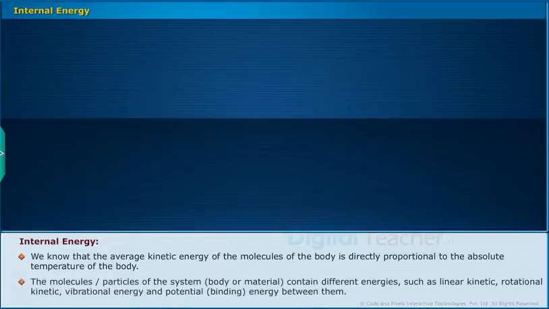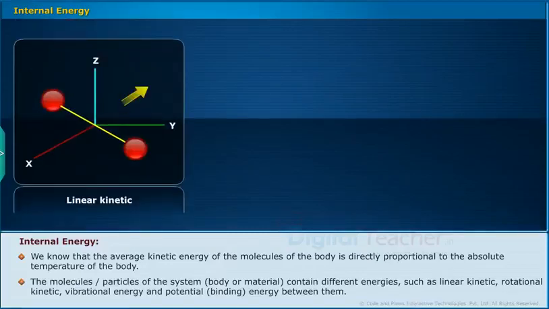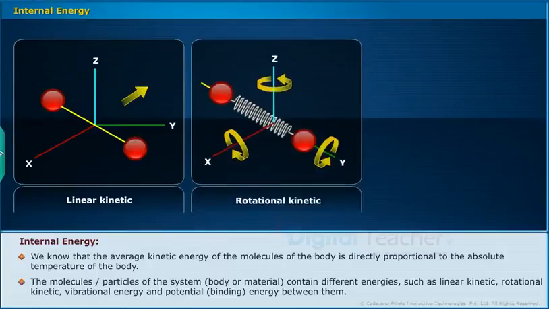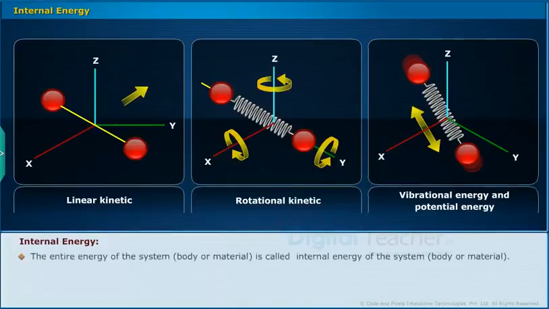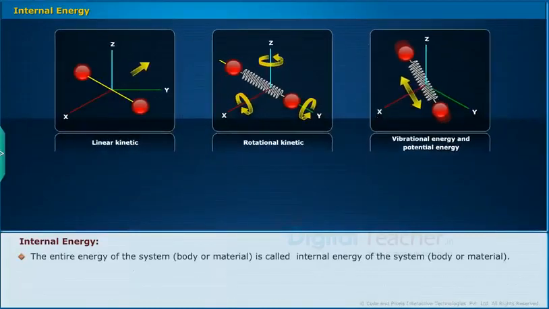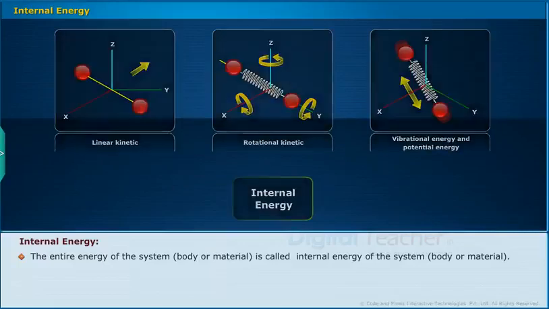The molecules or particles of the system, body or material contain different energies such as linear kinetic, rotational kinetic, vibrational energy, and potential binding energy between them. The entire energy of the system, body or material is called the internal energy of the system, body or material.